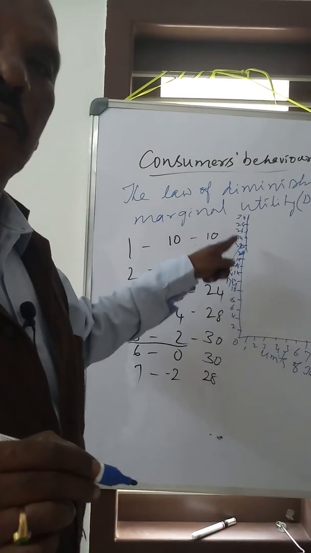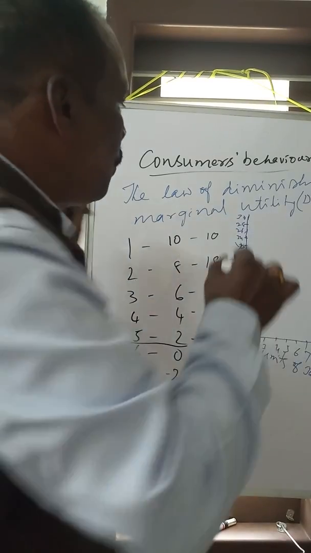Total utility and marginal utilities are measured along the OY axis.